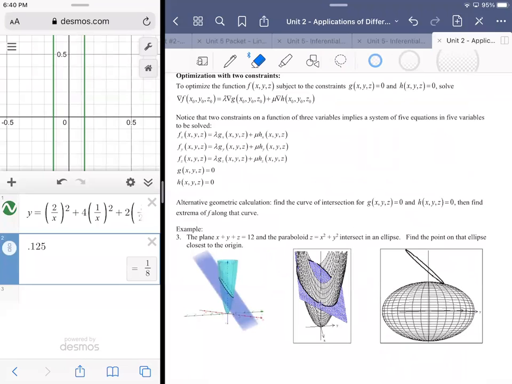Right, so to optimize with two constraints, it's a linear combination of your partials for your parameters. Now, you see the notation here, the upside down triangle.